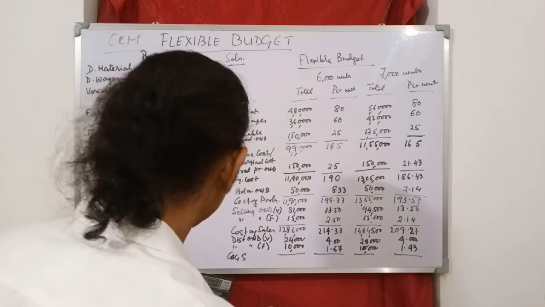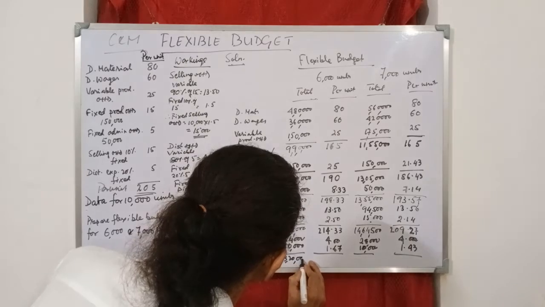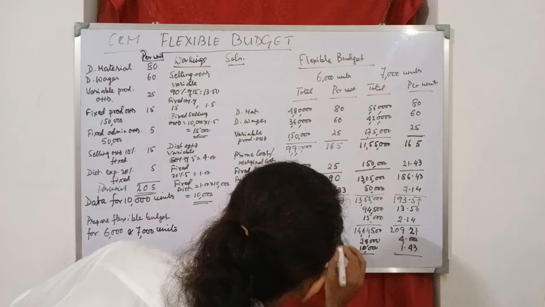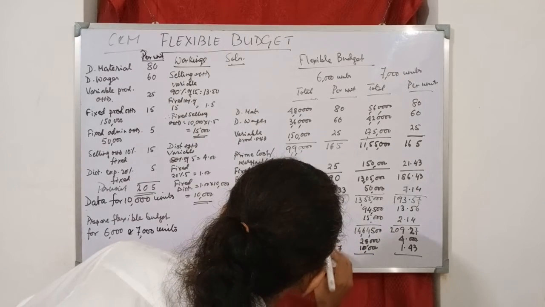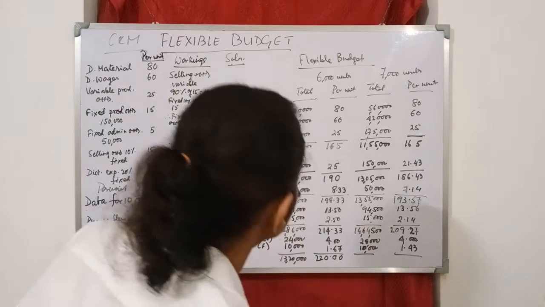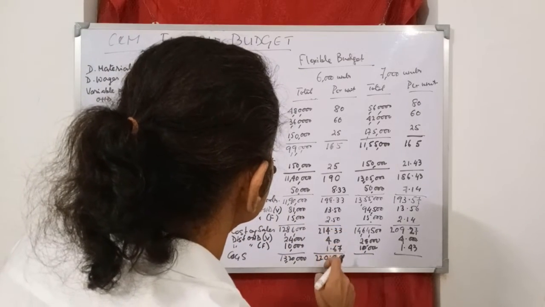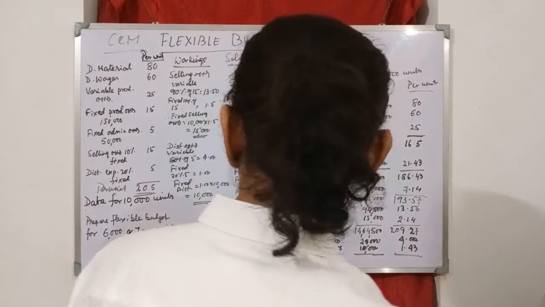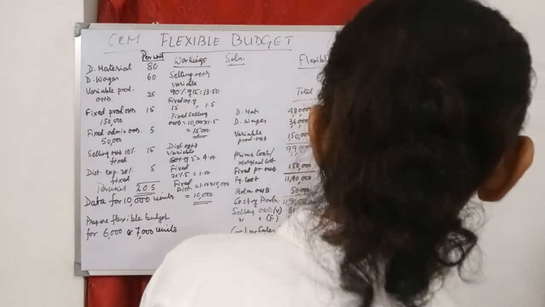This gives us 13,20,000. And here it is 220. The total COGS, that is total cost of goods sold, is in for 7,000 units.